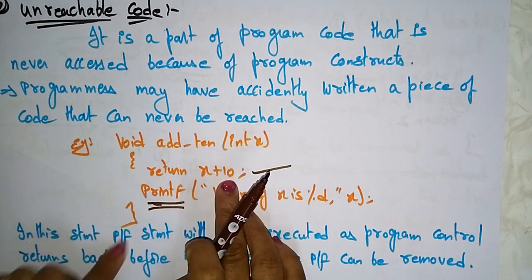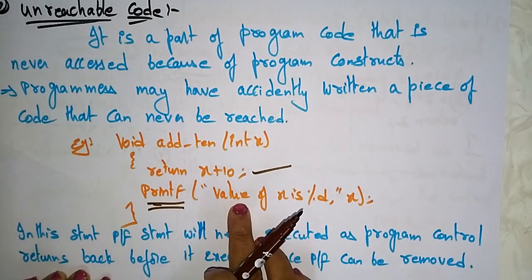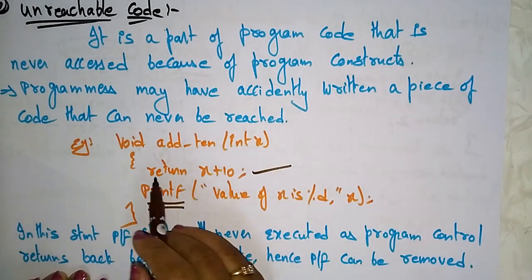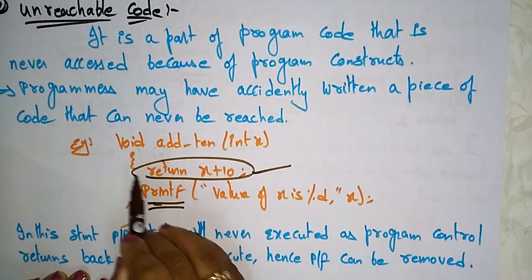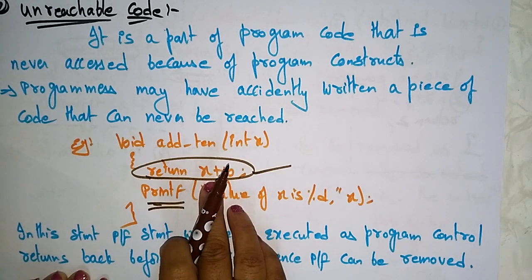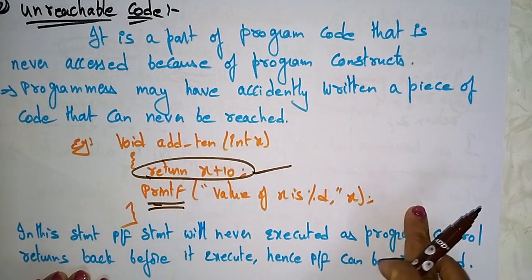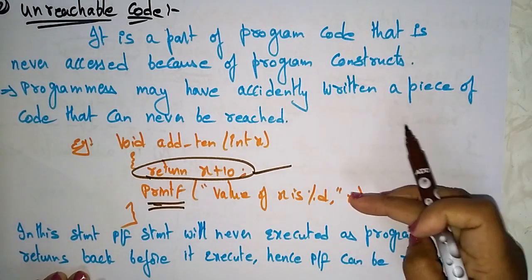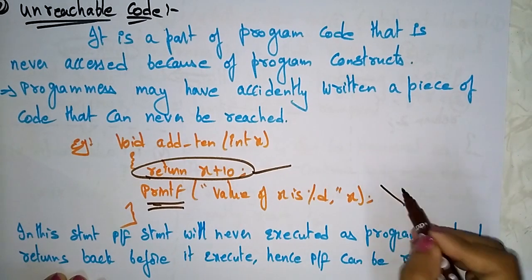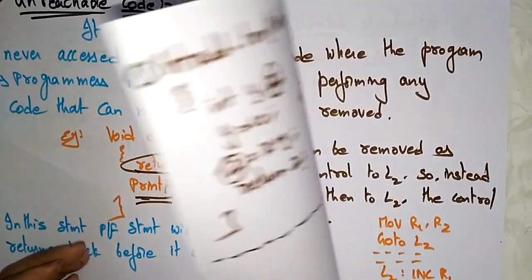Return x plus 10 means in this statement the printf will never be executed, as program control returns back before it is executed. So the printf statement will never be executed, because the program control returns before it. Hence printf can be removed, because it is unreachable code.